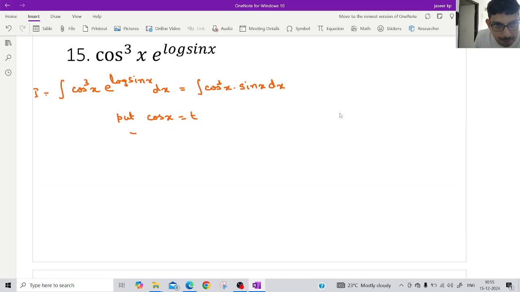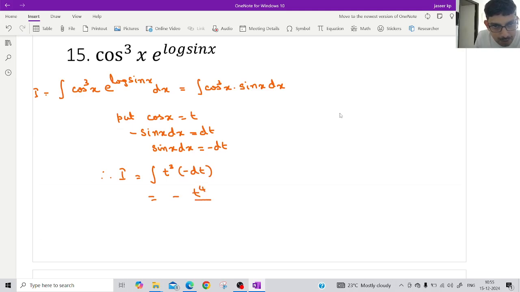So that means minus sin x dx equal to dt. So that is sin x dx equal to minus dt. So now I will become the integral of t cube, and sin x dx is minus dt. So that is minus t power 4 by 4 plus c. So that is minus cos to the power 4 x by 4 plus c. So this will be the answer.